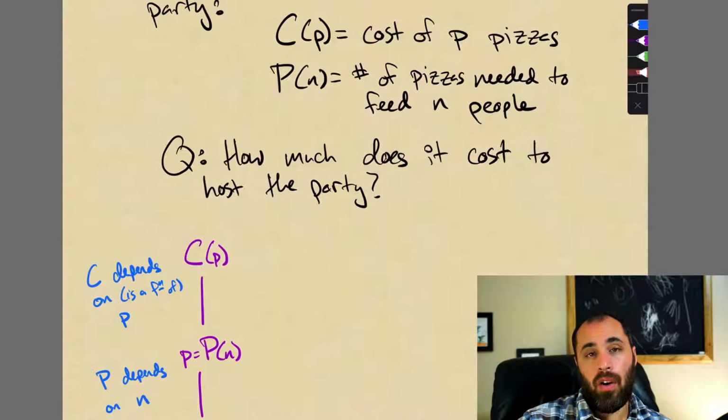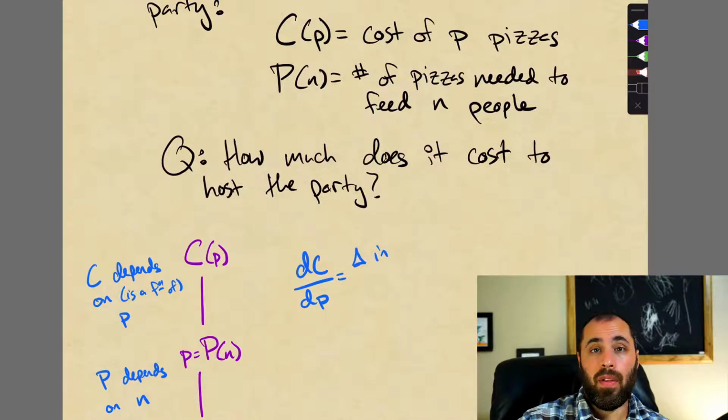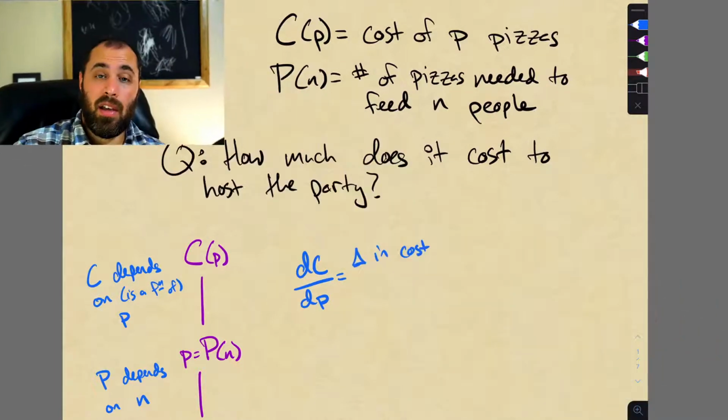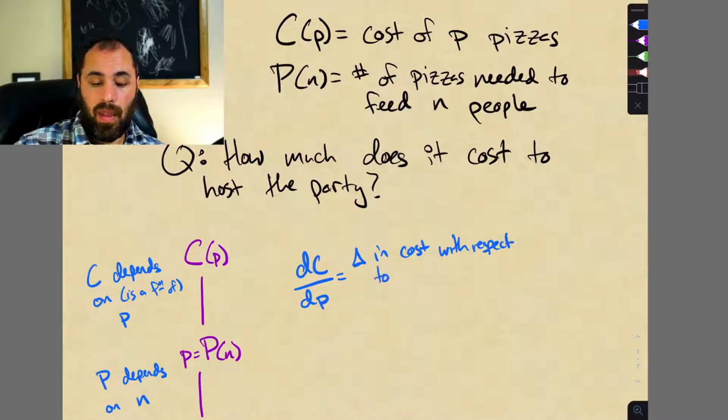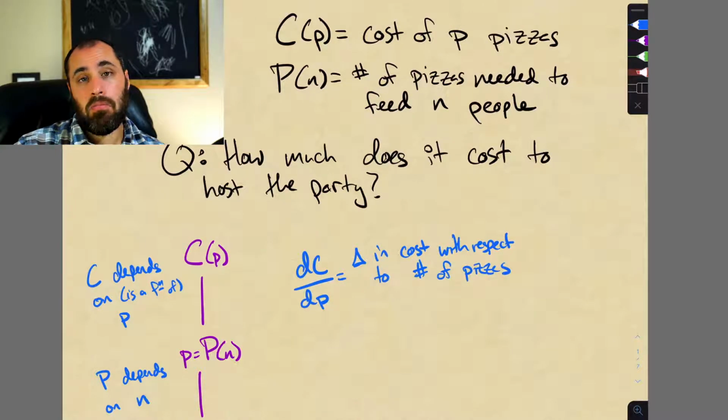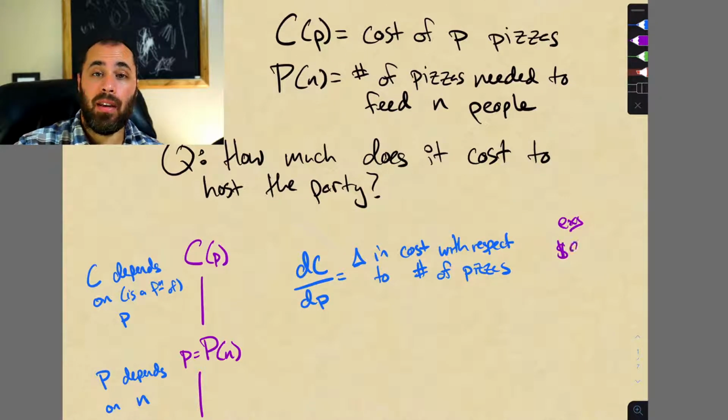So there are actually three derivatives we could talk about, three rates of change. We could talk about how the cost changes as the number of pizzas changes. That would be the derivative dC/dP, and maybe that's $9 per pizza. For each pizza we add $9 to the bill.